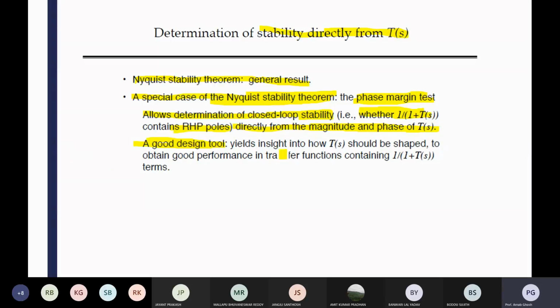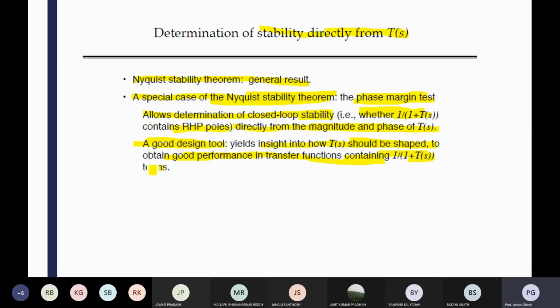From the phase margin test, a test of T(s) determines whether 1 by 1 plus T(s) contains an RHP pole. The crossover frequency fc is defined as the frequency where the magnitude of T(j2πfc) equals 1, the 0 dB line. 1 means the 0 dB line all the time.